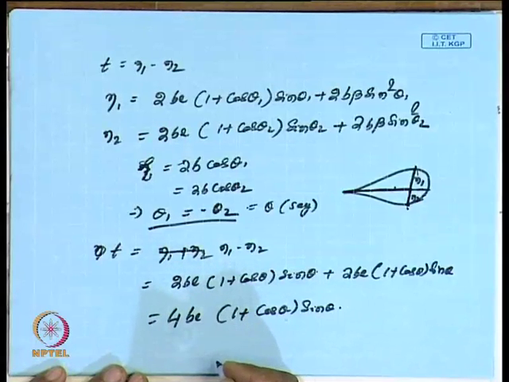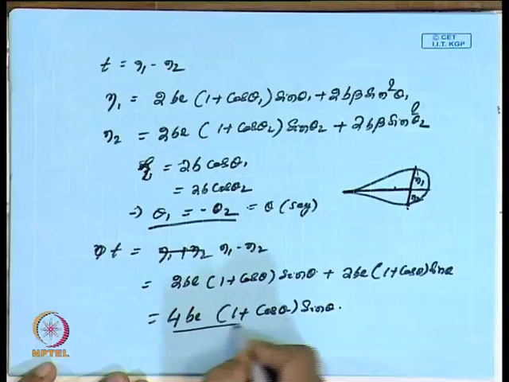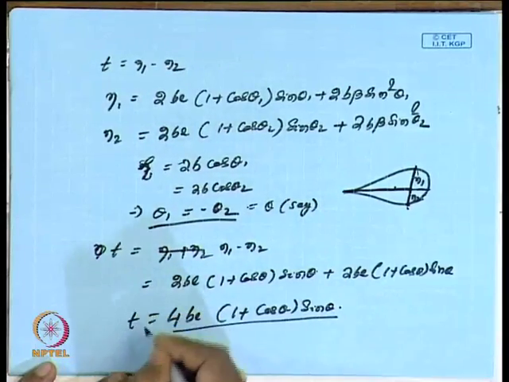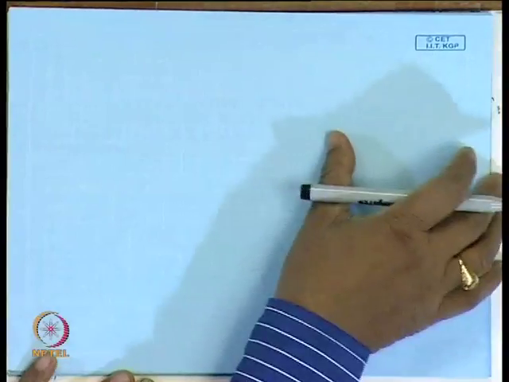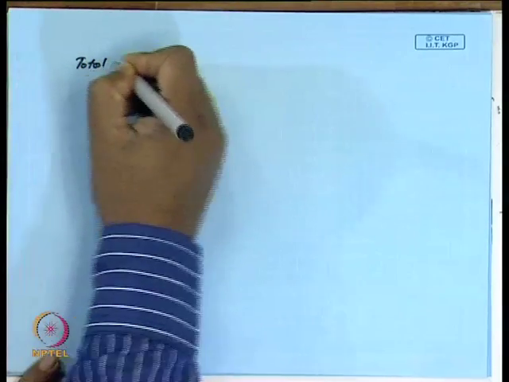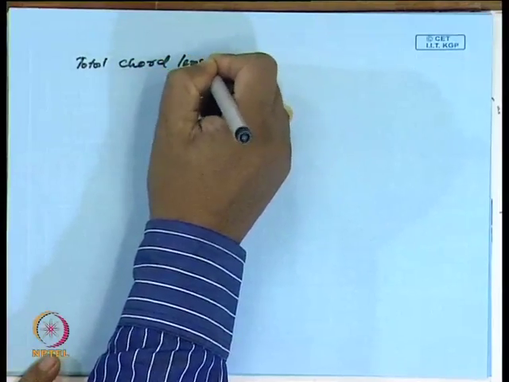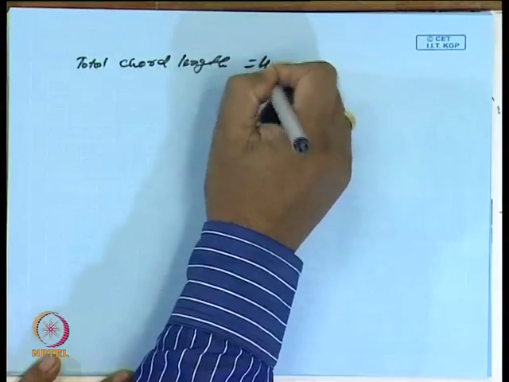Now this is the thickness, that is t. What will happen to the total chord? The chord length is 2b, so the total chord length is 4b.